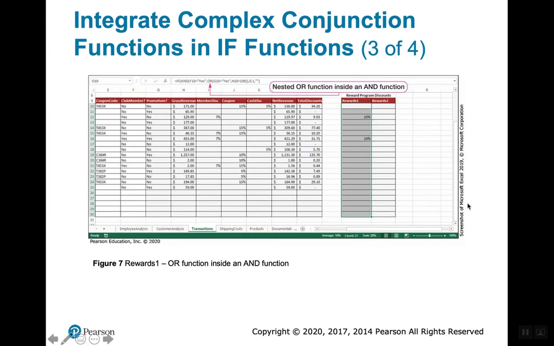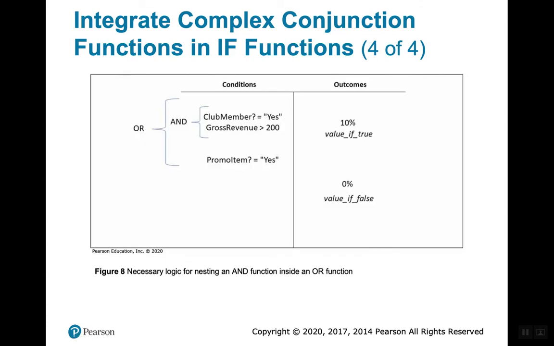So this is just an example of an AND and an OR combined together, a nested OR inside of an AND function. All right. Another example. This is the inverse. What we're checking for is to see if both these values are true.